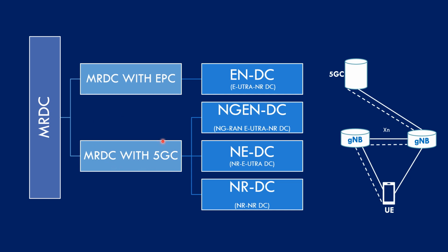In MRDC with EPC, we have only one option, which is called ENDC, or EUTRA-NR. But in case of MRDC with 5G core, we can have three options: NGENDC, NEDC, and NRDC.